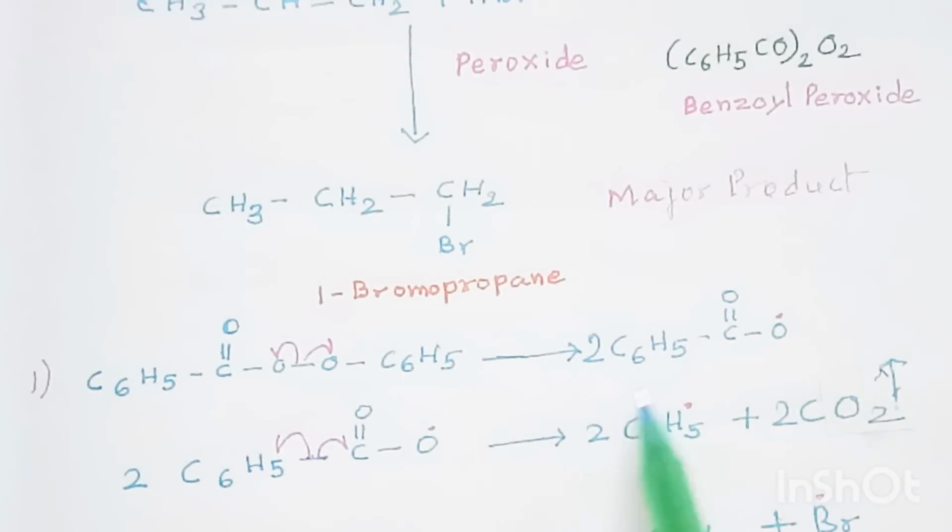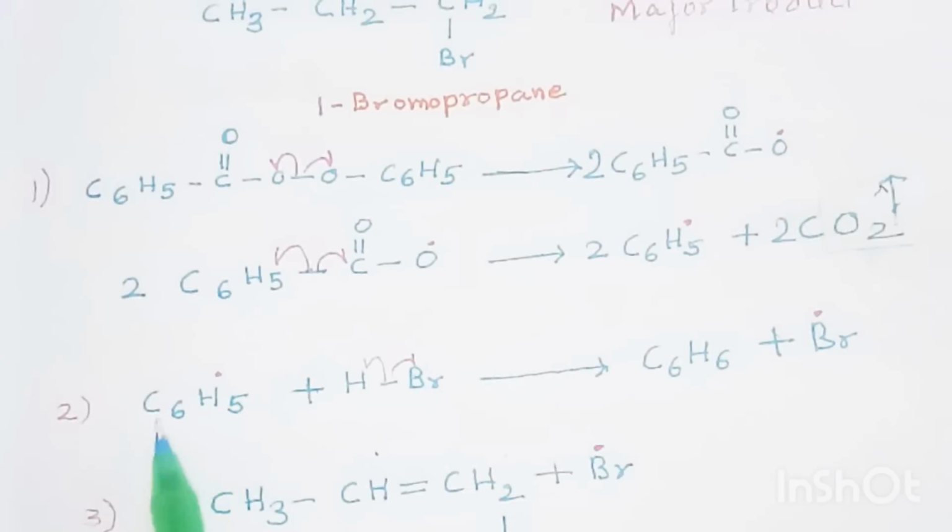Then the bond between C6H5 and the C=O radical will undergo homolytic cleavage, as a result of which we get two C6H5 free radicals and 2 moles of carbon dioxide. This C=O and O will combine to form CO2. So we get two such carbon dioxide molecules.